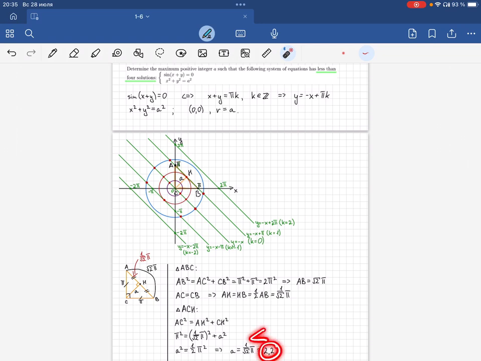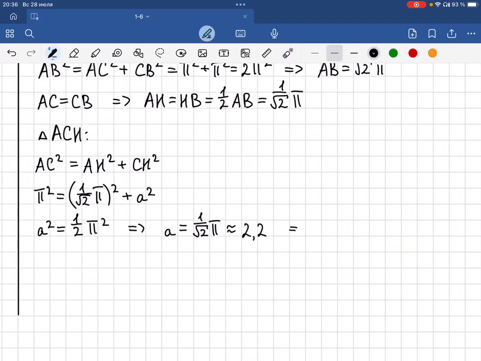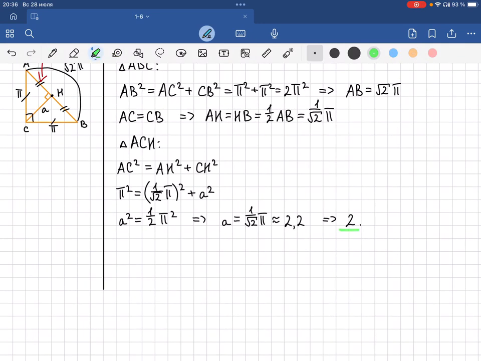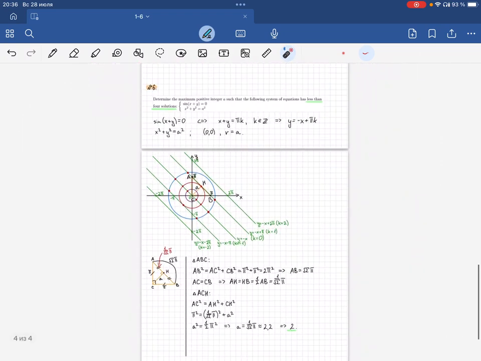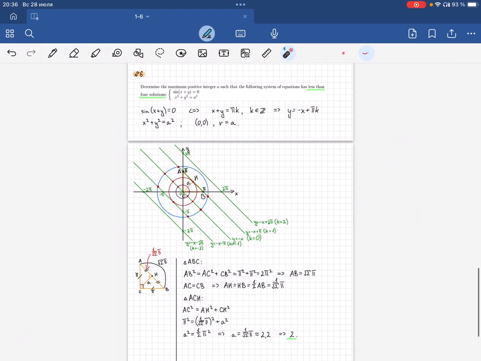So if a is strictly less than this number 2.2, then we have less than 4 solutions. We have 1 or 2. Okay, and we need to find the maximum positive integer. So the maximum positive integer here is just 2. Once again, we need the maximum positive integer such that a is less than this number. And this is the solution of this problem.